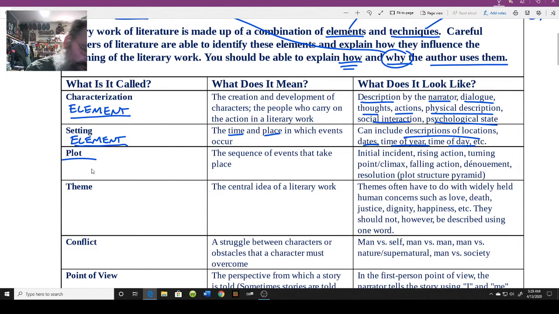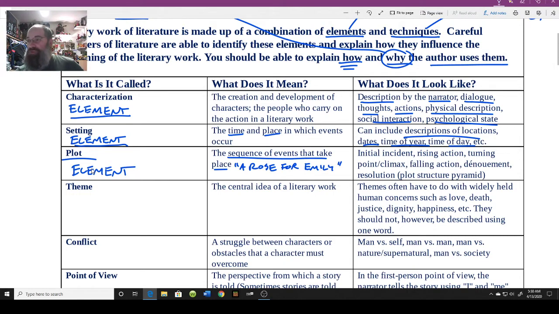Plot. You can't have a story without plot. That is an element. Unavoidable. How a writer chooses to tell us a story matters. Plot, the sequence of events in, say, A Rose for Emily, affects how we view the story.